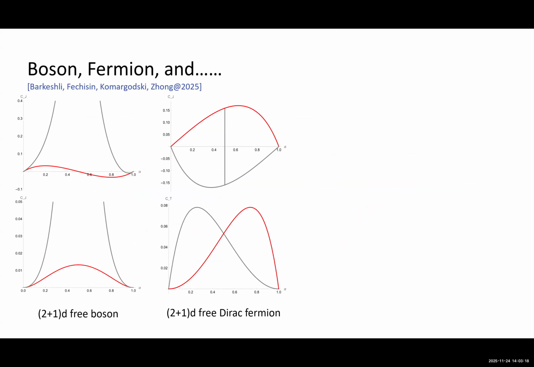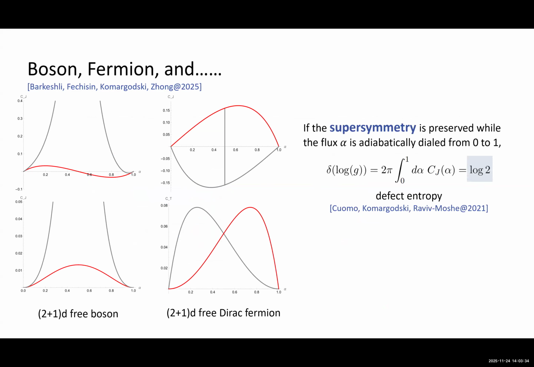Okay, so far I've been talking about the twist defect in the free Dirac fermion. The same exercise could also be carried out for a free Dirac boson. Everything is similar. You can just try to find the defect operators that have different dimensions and try to characterize them by the two-point functions of the current and the stress energy tensor. And the curve is shown in the picture.